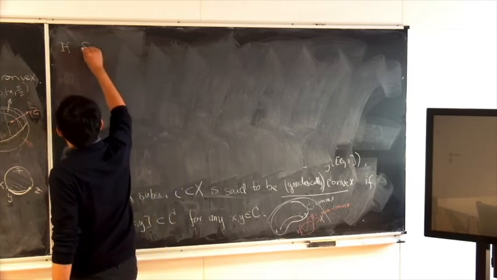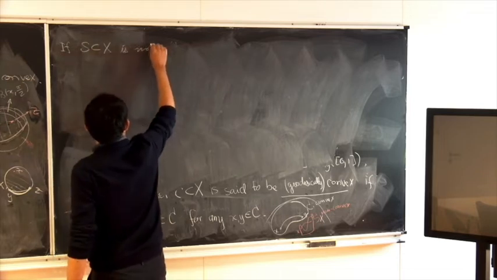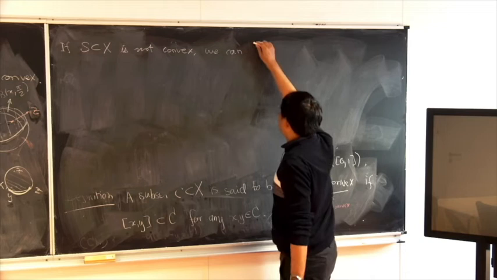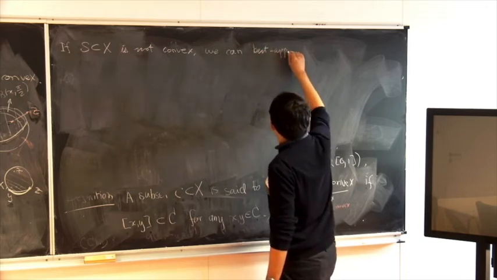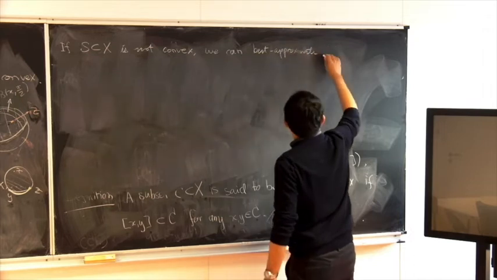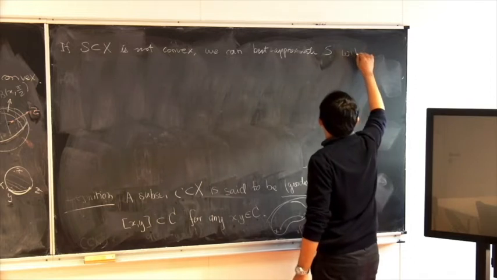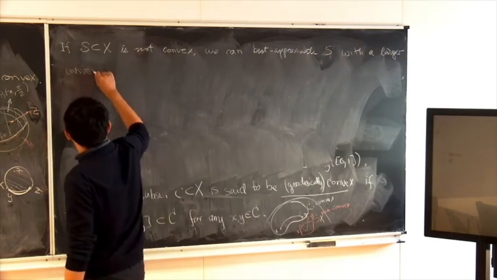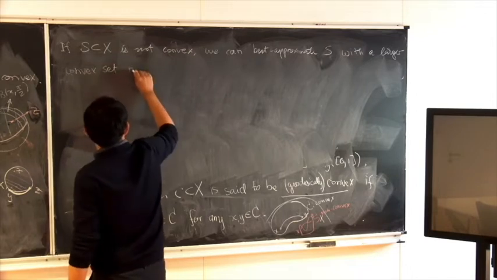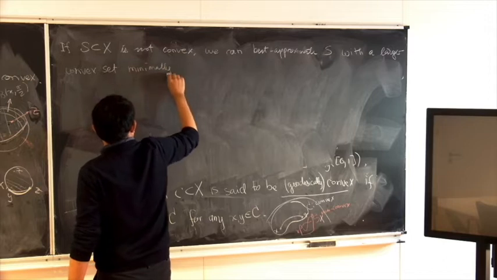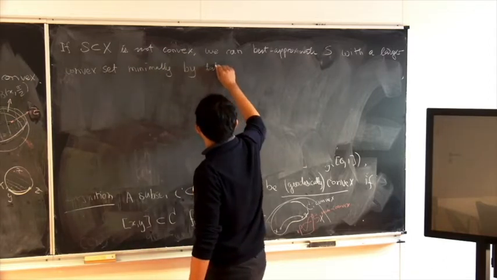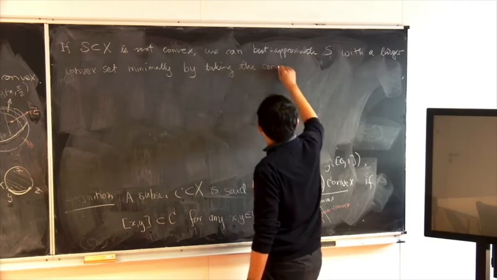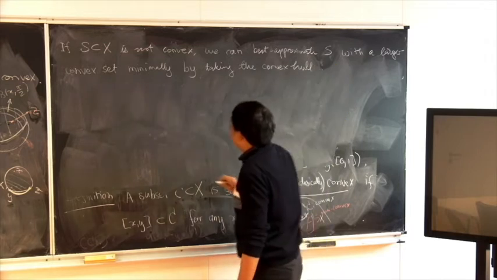So if S is not convex, we can best approximate it, it means S, with a larger convex set, minimally, by taking the convex hull, which is defined as follows.